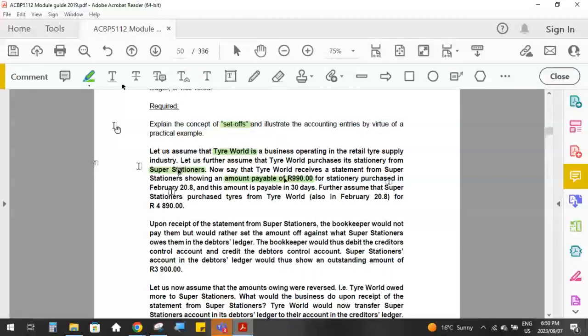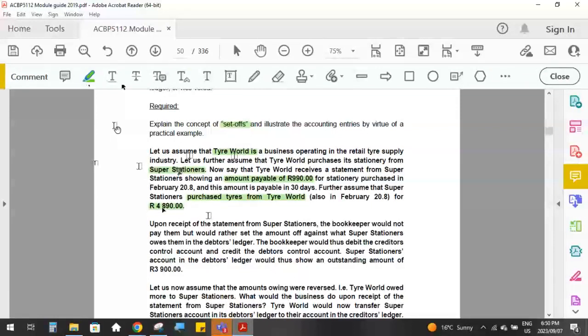Now let's assume that these stationers purchased tires from us, and this is for a total of 4890. So Super Stationers owes Tire World 4890, and Tire World owes Super Stationers 990 Rand.